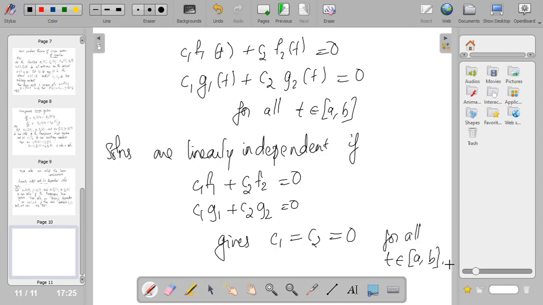So that's the definition for linear independence and linear dependence.